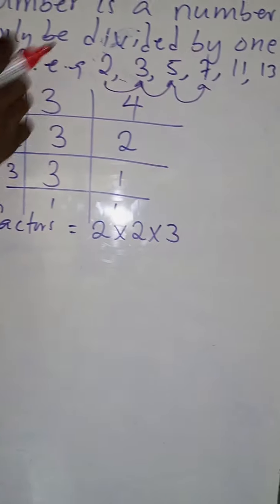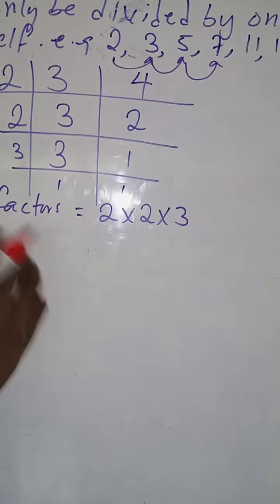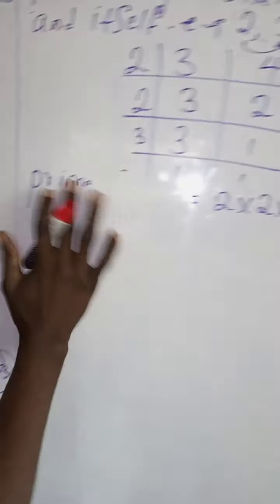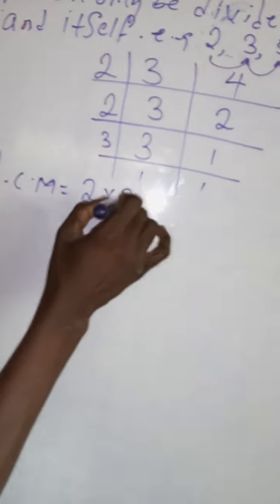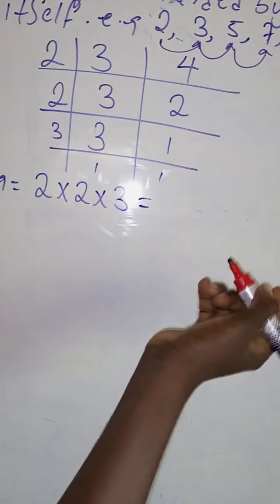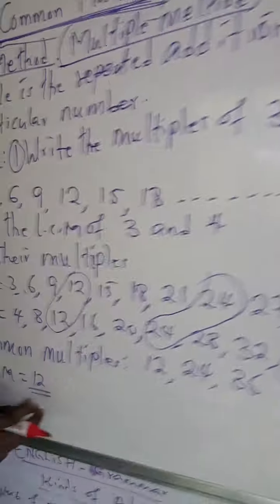So those are prime factors for a number, but that's not where we are going. It's not the prime factors that we want to find, but rather the LCM. So for our LCM, we just multiply our prime factors. So 2 times 2 times 3. 2 times 2, 4. 4 times 3, that is 12. You see that we are getting the same answer as the first method.